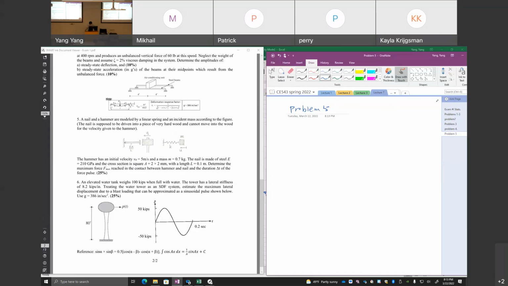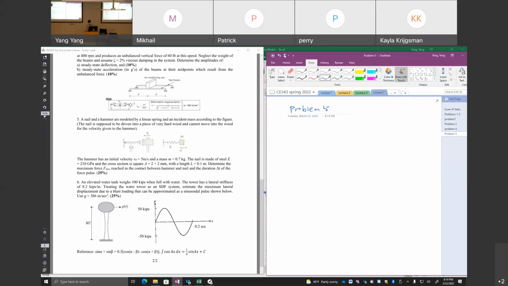The hammer hits the head of the nail, and we would like to know the maximum force exerted on the nail, as well as the contact time between the hammer and the nail.